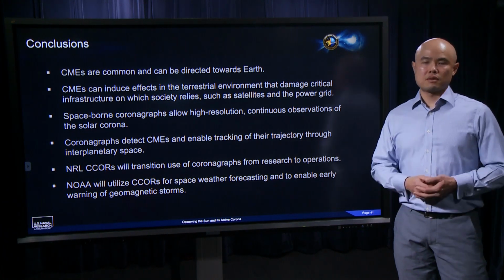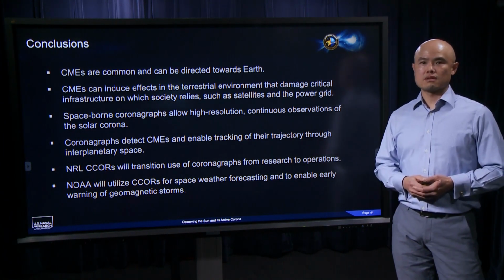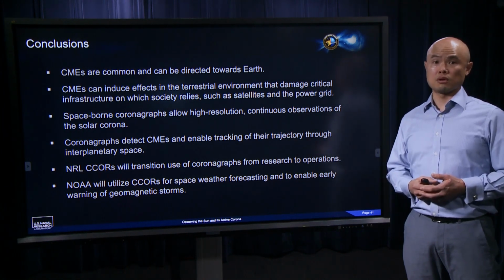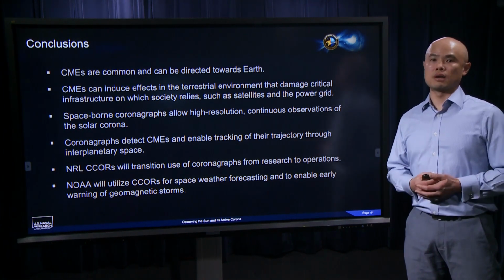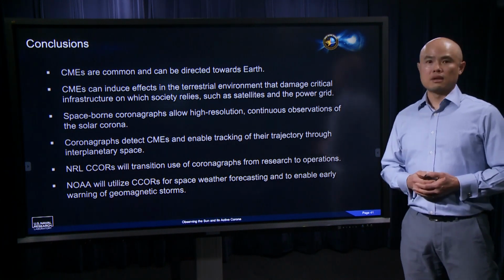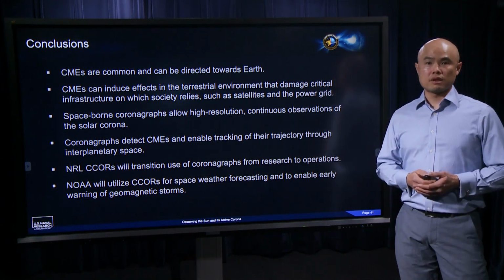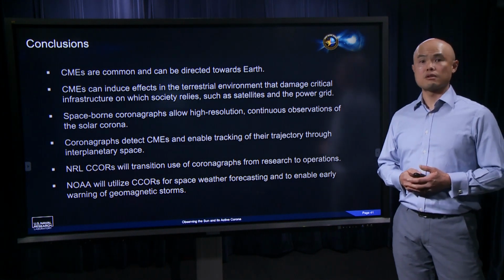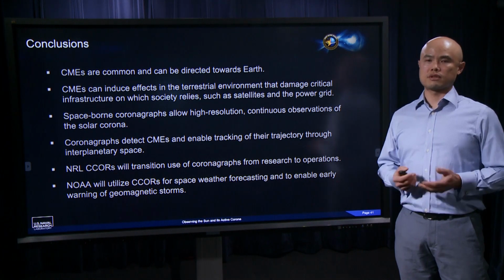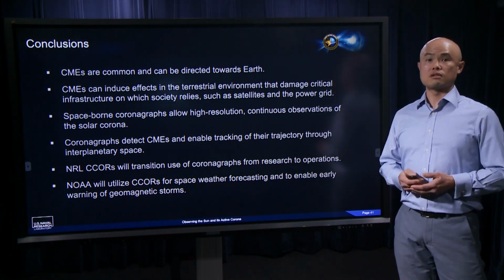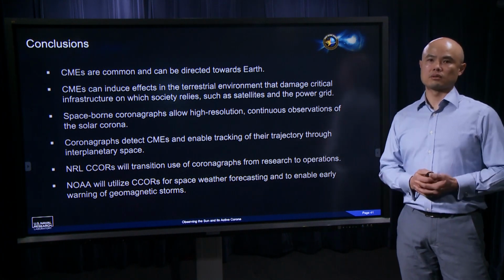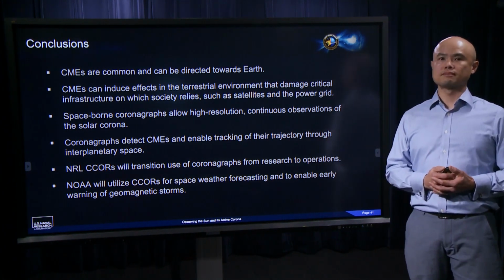So here are some takeaways from this presentation. CMEs are commonly observed phenomena in the solar corona, and many of these can be directed toward us at Earth. CMEs are responsible for driving geomagnetic storms and their associated space weather effects that threaten critical infrastructure on which society functions. These can include our power grids and any assets operating in orbit around Earth.